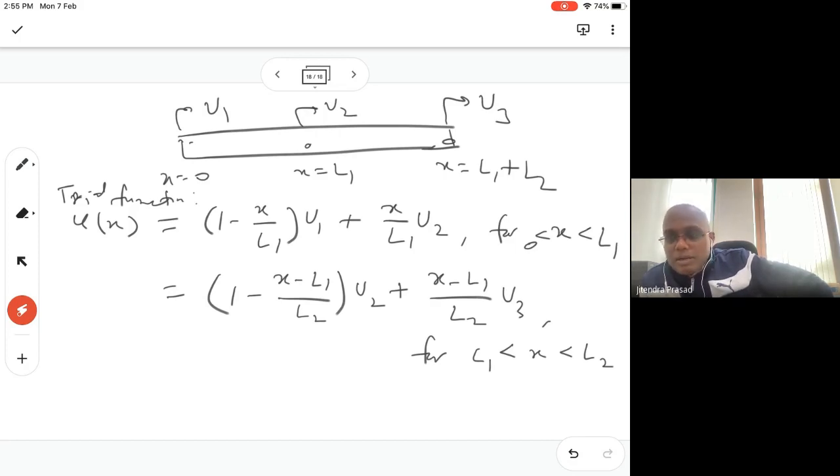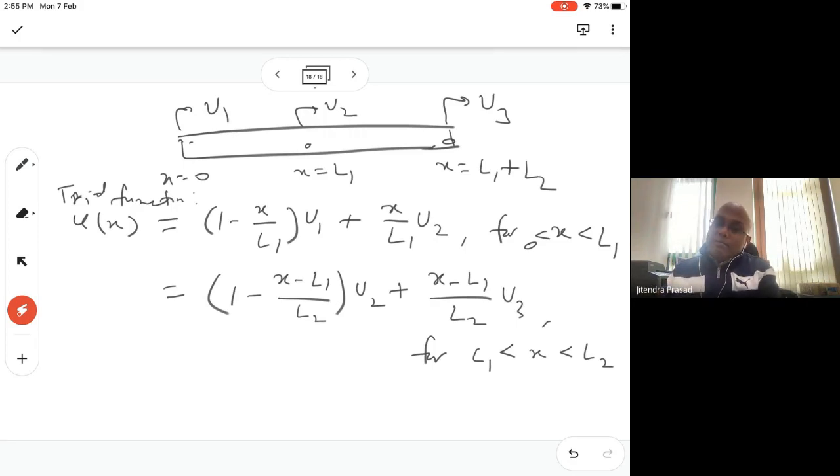So basically what we are saying is that our trial function itself we are assuming to be piecewise lines, and because of that the solution will be piecewise lines only. In the trial function, in the first element we assumed it is interpolated between u1 and u2, and the second one between u2 and u3.